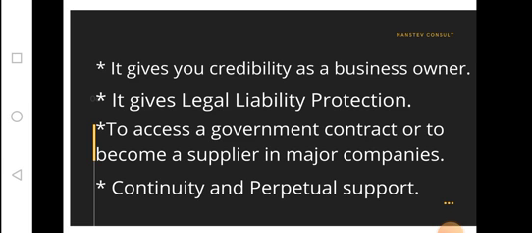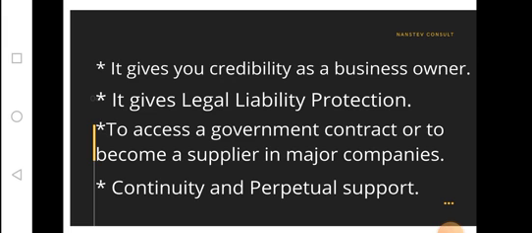If your business is properly registered as a limited liability company, your business is a separate person and you are a separate person. So all you need to do is register your business to enjoy legal liability protection.